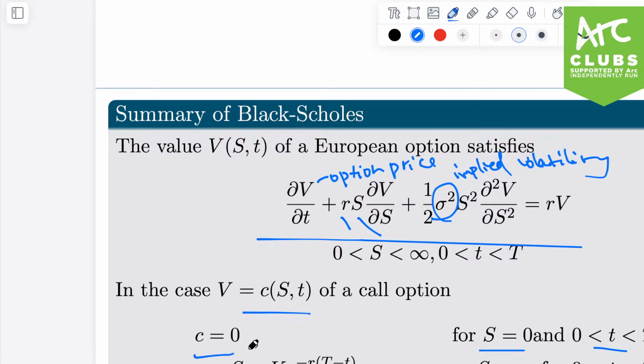This is kind of obvious. Who would pay to buy a call option if the asset price is 0? So if the asset price goes to infinity at any point, then our option price can be approximated by S minus K e to the power of minus R times (T minus t). If at maturity date, then C is just equal to the maximum between S minus K and 0.